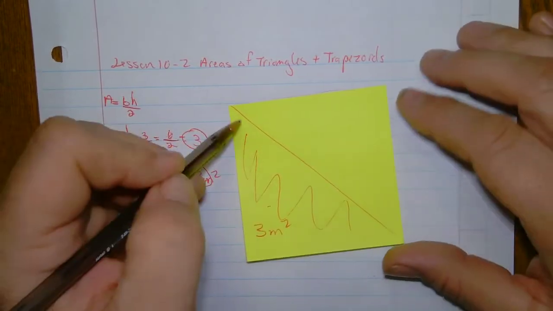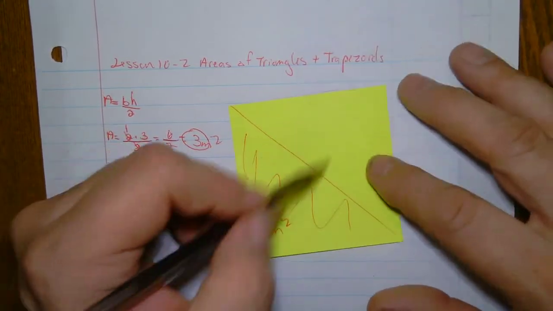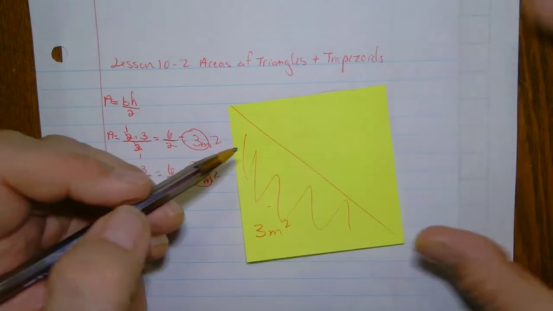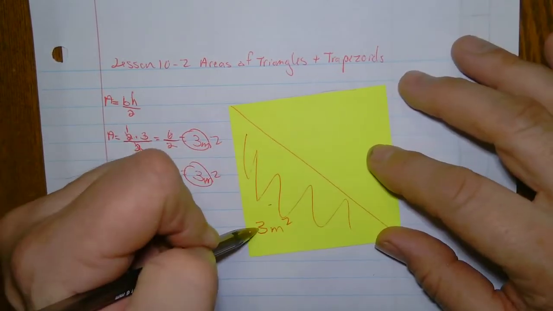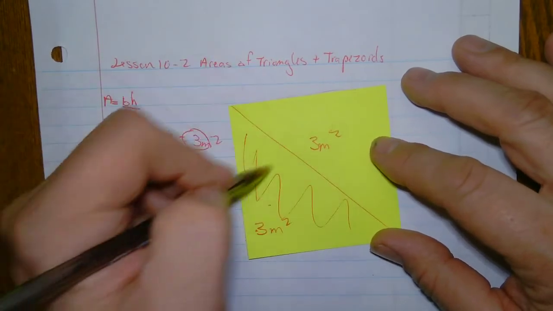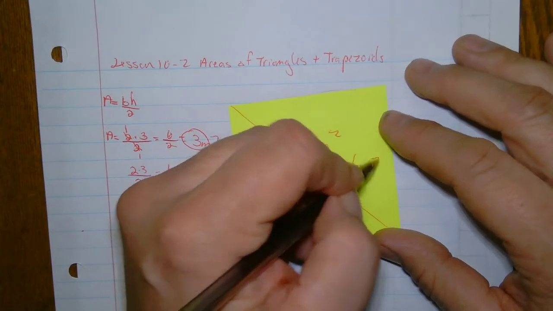To complete that parallelogram, when we cut it into 2, they are 2 congruent triangles, and they're each going to be equal. So whatever one is, the other is also. So this triangle up here is 3 meters squared also, for a total of 3 plus 3, which is 6 meters squared. Outstanding.